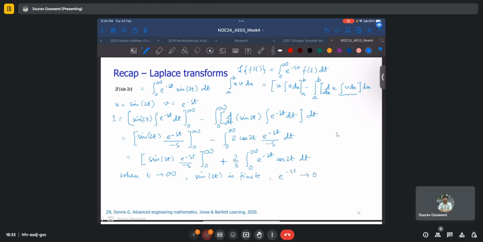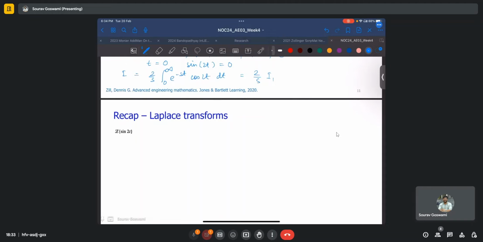And for t equals 0, sine of 2t is 0. So the entire first term will go to 0, and what I'll be left with is just the second term, 2 by s times the integral of e power minus st cos 2t dt, or let me call it 2 by s I1.